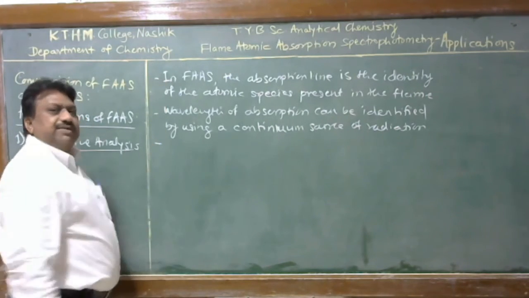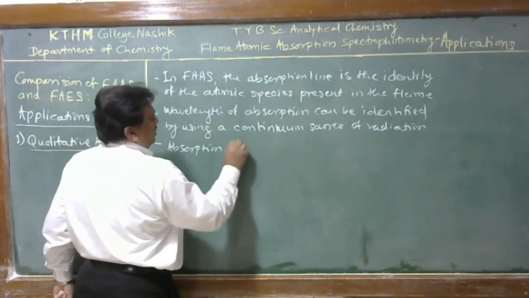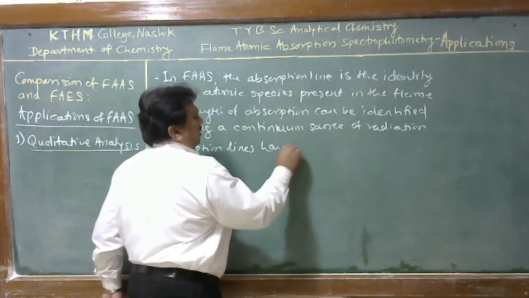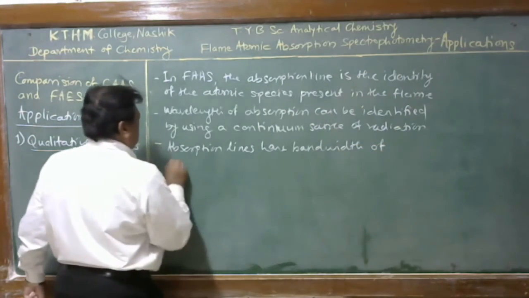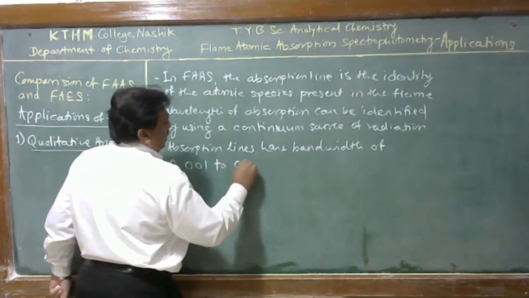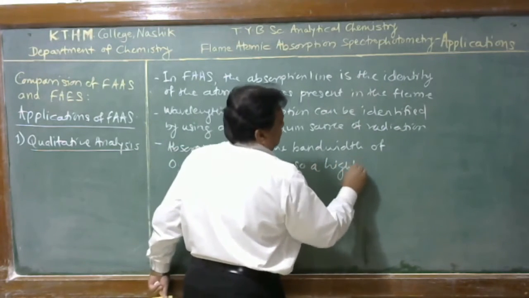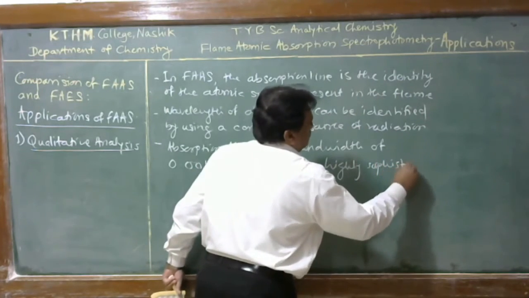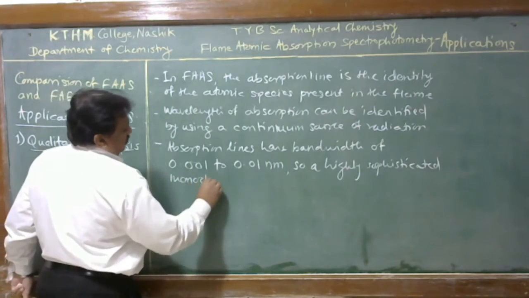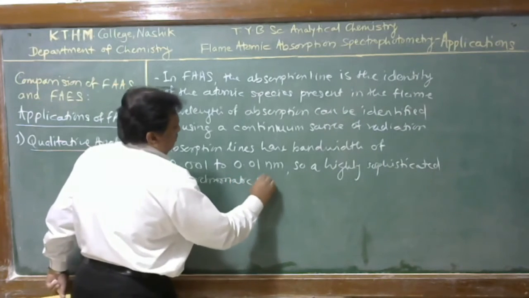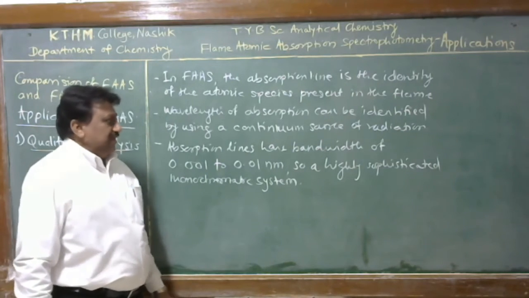But here, the main disadvantage is that absorption lines have bandwidth, so a highly sophisticated monochromator system is required for the isolation of that particular absorption line.